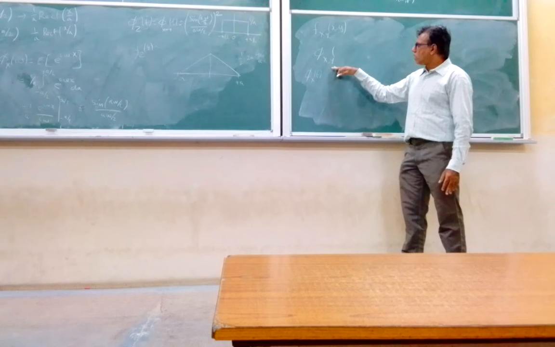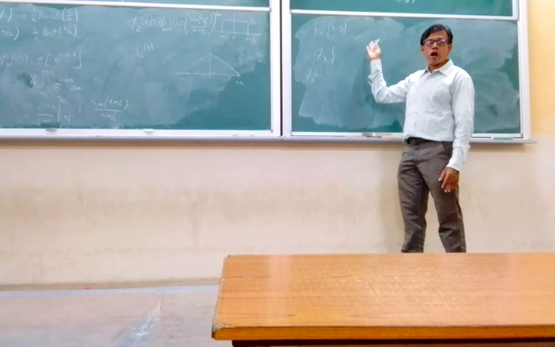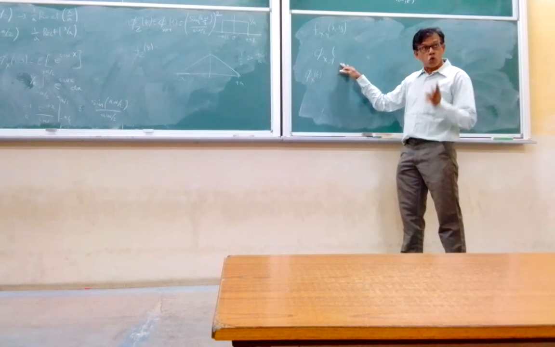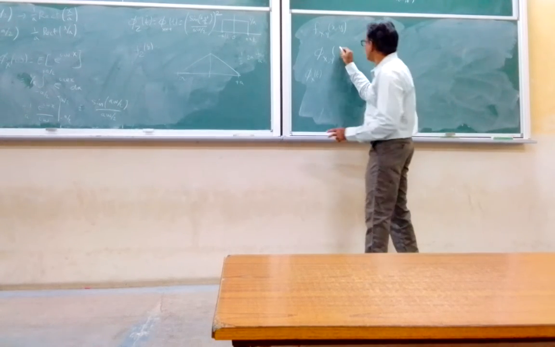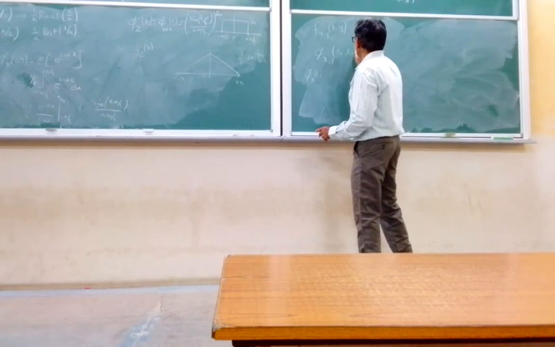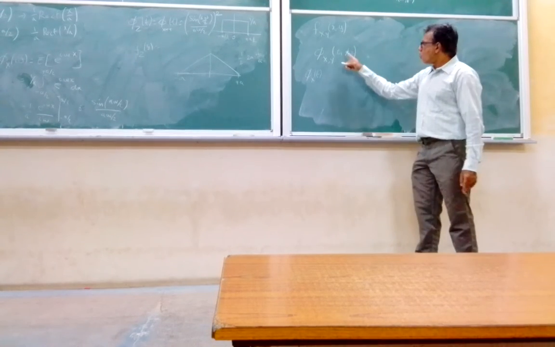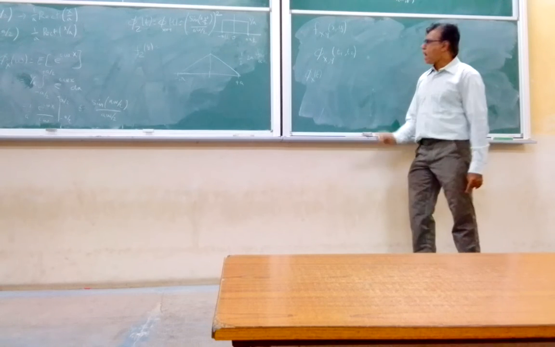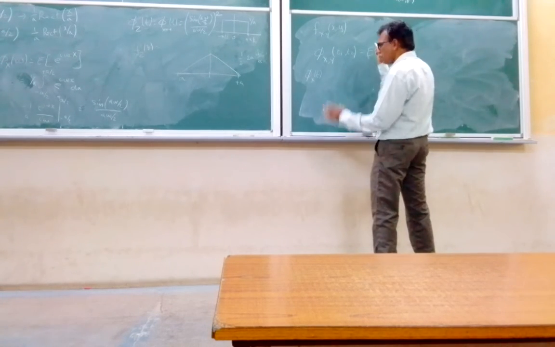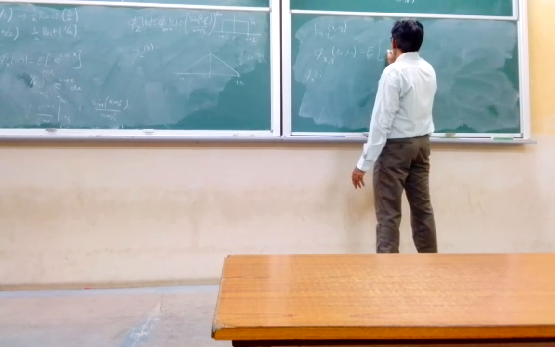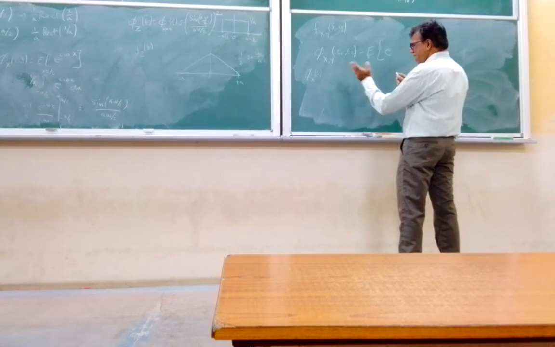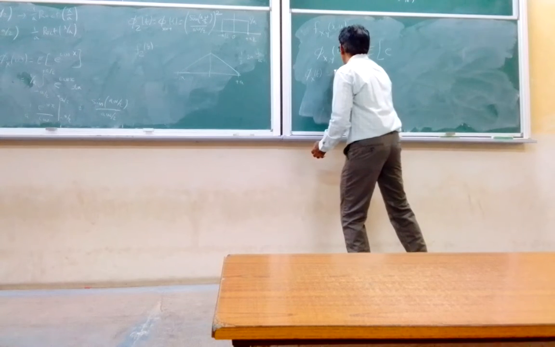then if you want to find the joint MGF, it will be a function of two dummy variables. One is t1, another is t2. One stands for X, another stands for Y. And that is defined as a similar expectation of e power of, how did we define it?